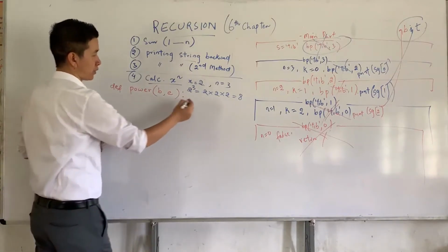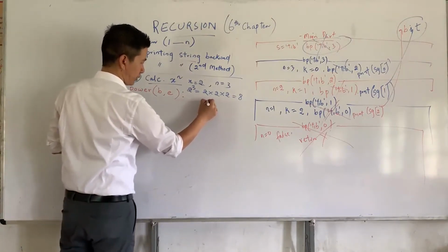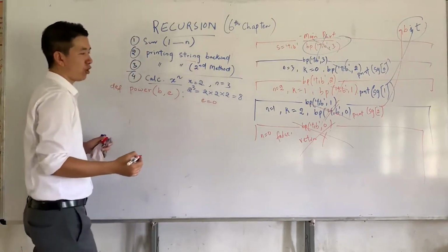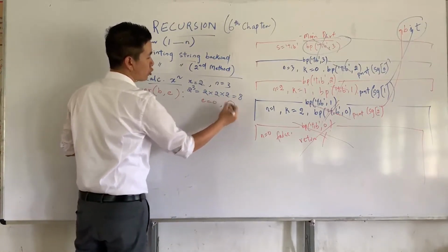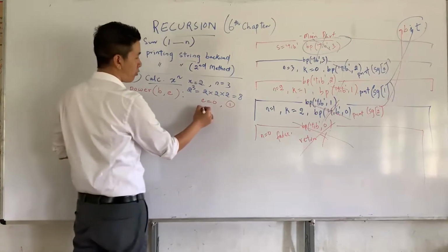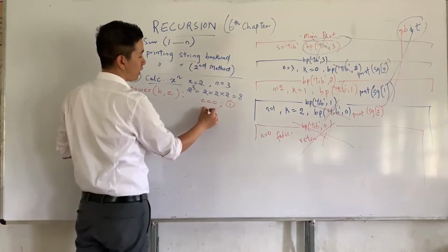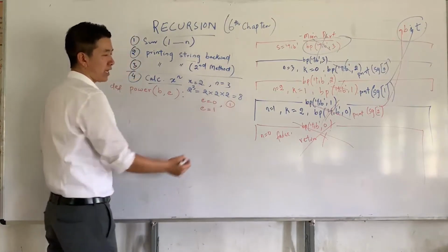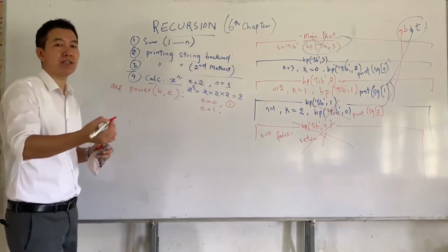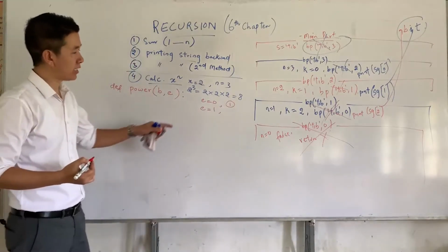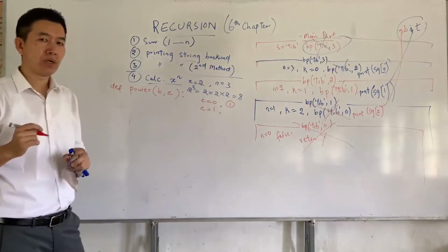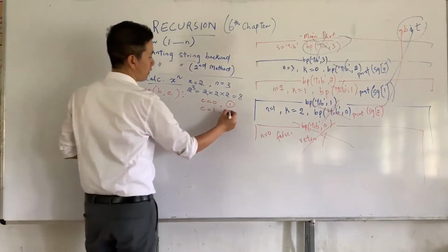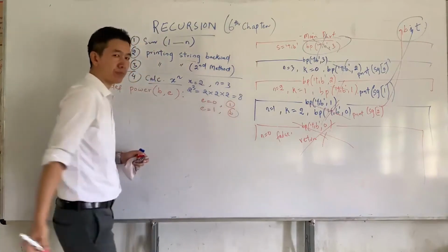Or you can have another case. The first is, if the value of e is equal to 0, exponent, the value of 1 should be returned. However, if the value of e is equal to 1, again you can have another base case. And that is going to be, if the value of e is equal to 1, can I say the value of b could be returned?